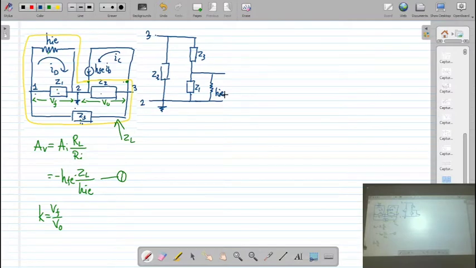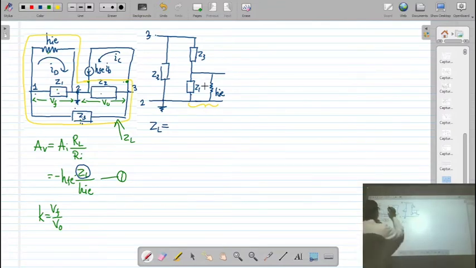Okay. So first of all we have to see what is the ZL. ZL means the impedance between the 2 and 3. So here we can write that the ZL will be equal to, now if you look at the terminal 2 and 3, so the Z2 is there, Z3 and Z1, HIE. So first of all if you see the Z1 and HIE, they are parallel to each other.